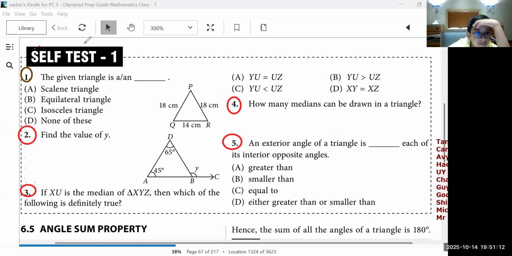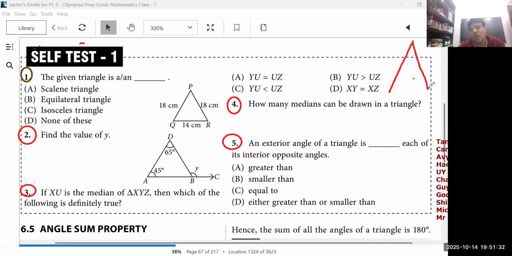Sir, I forgot what is median. Because you were absent in the Sunday's class. You don't know what a median is? Because you joined late in the Sunday's class, Avyan. Sir, is it something that divides the triangle into half? So a median is a line segment from a vertex to the midpoint of the opposite side.